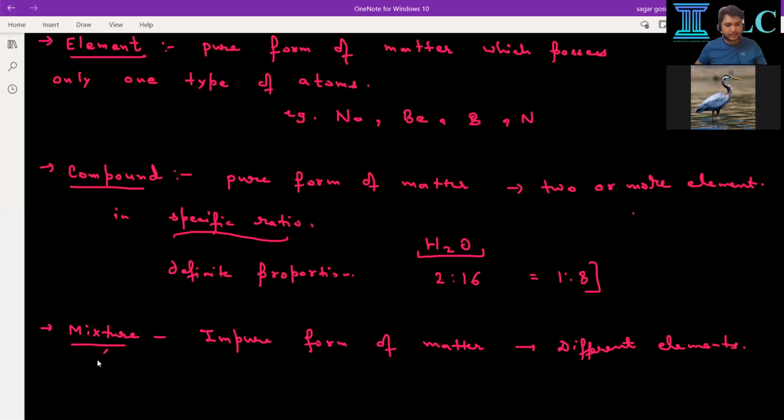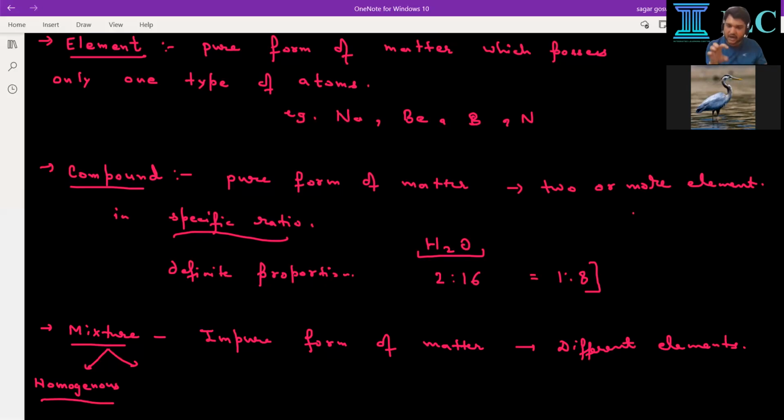You should know a mixture can be of two types, homogeneous and heterogeneous. Homogeneous means that which has a uniform composition. Suppose in a glass of water you put one spoon of salt and you are just mixing it. Will the salt completely dissolve in water?